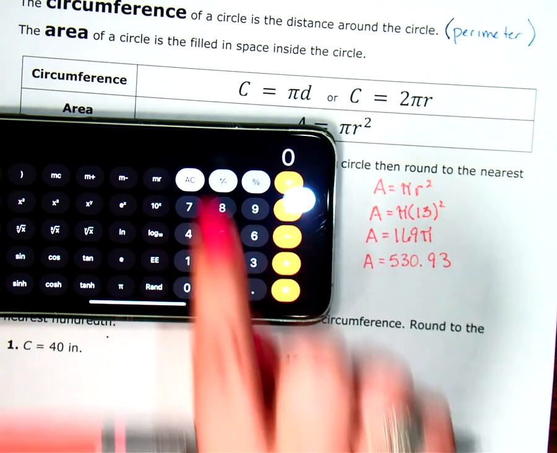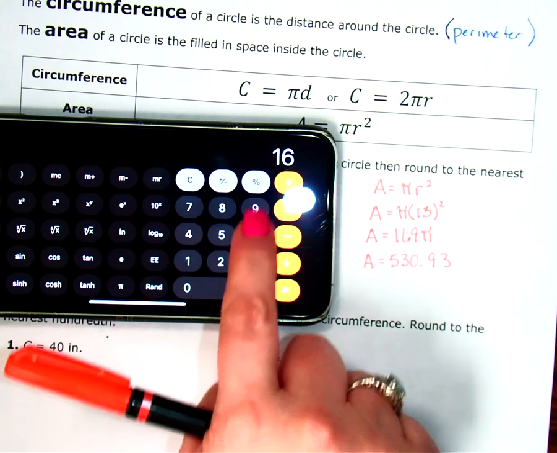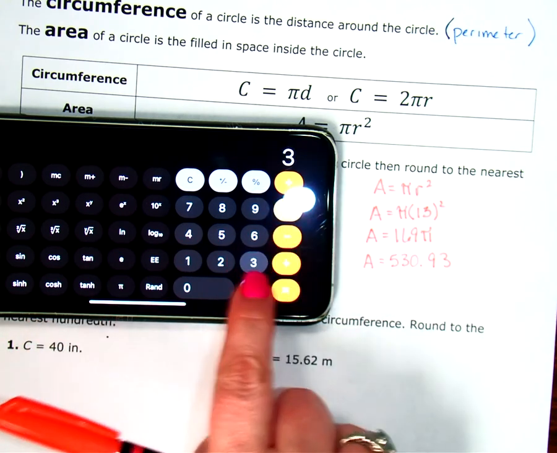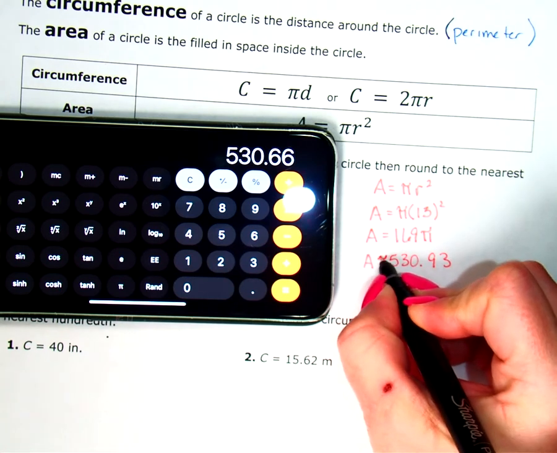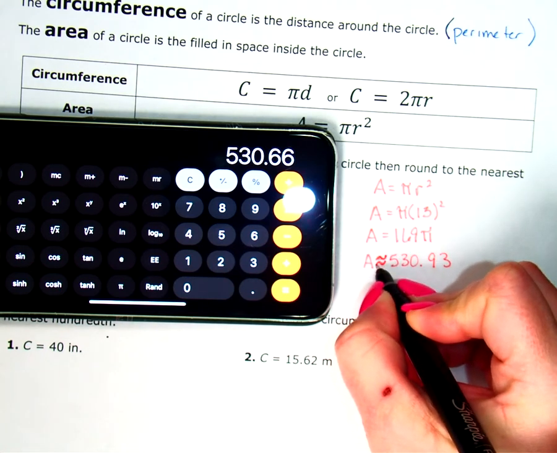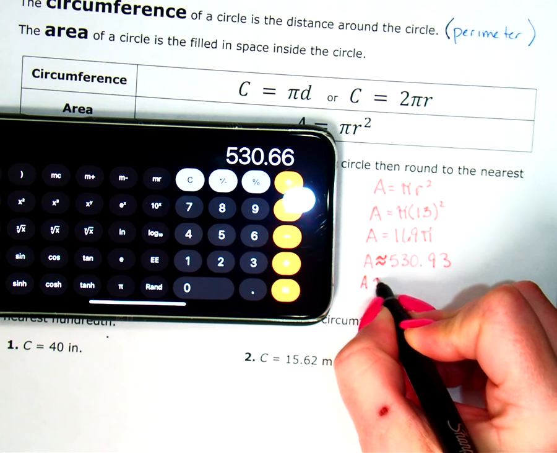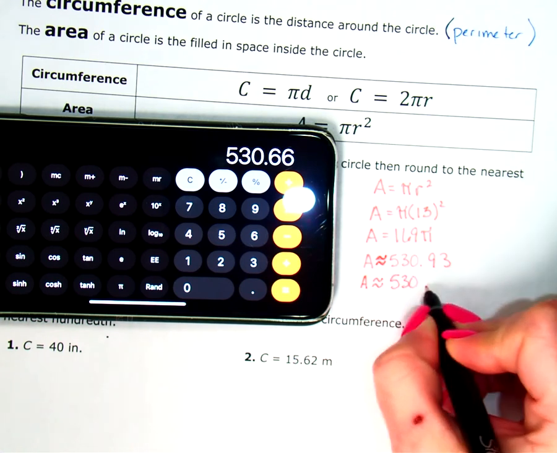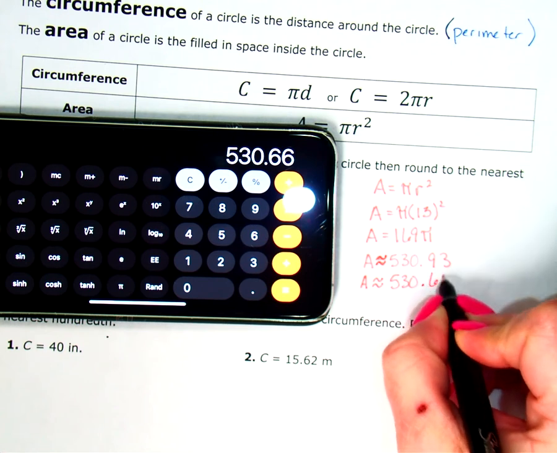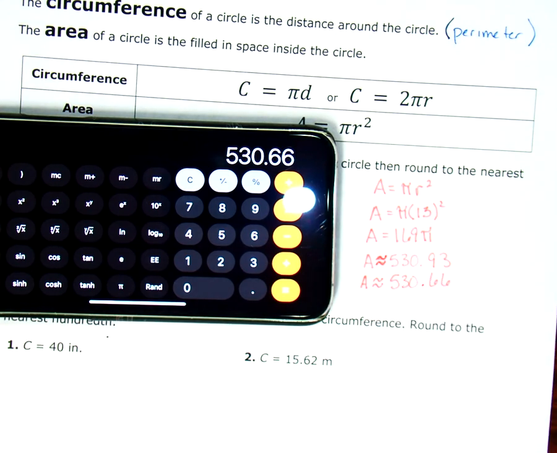If I use 3.14, I get, I'm going to put approximately equal to, so see how they're different? Because they're using rounded answers.